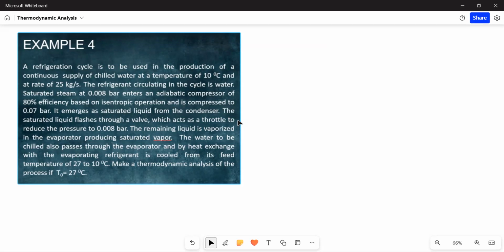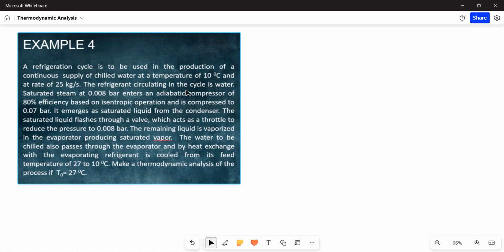A refrigeration cycle is to be used in the production of a continuous supply of chilled water at a temperature of 10 degrees and a rate of 25 kilograms per second. The refrigerant circulating in the cycle is water.